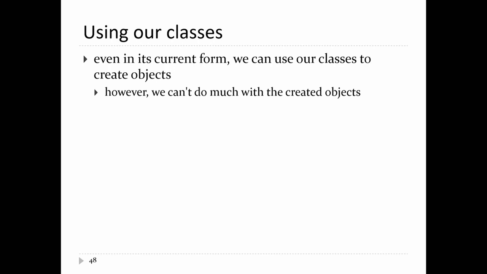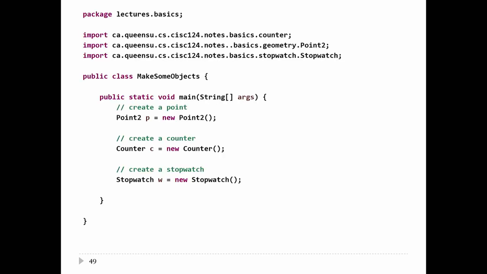Okay, so we've got 3 classes now. They're all relatively simple. Can we actually use the classes in the form that they are in right now? And the answer is surprisingly yes. You can in fact use them. If you create this little program, you can actually make a point2 object.